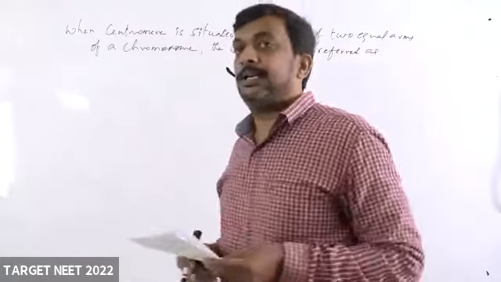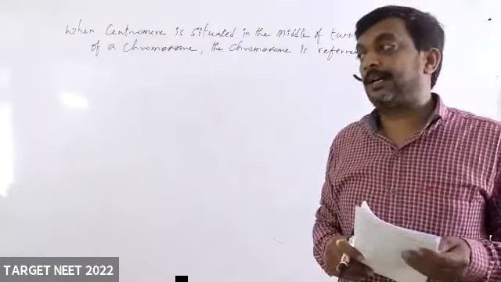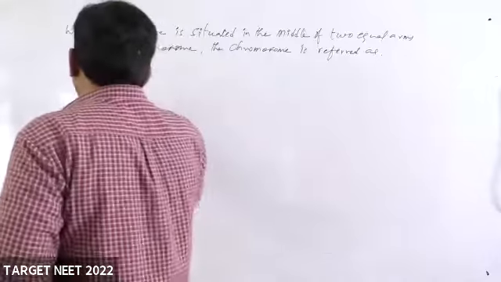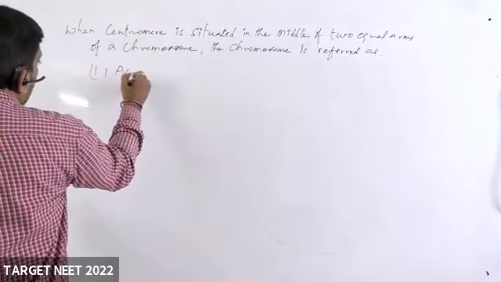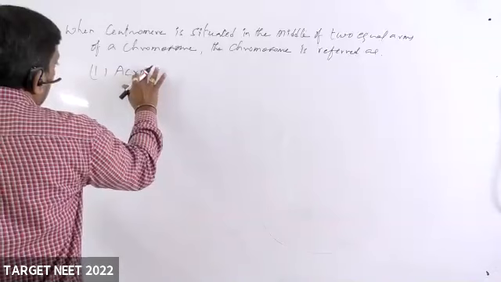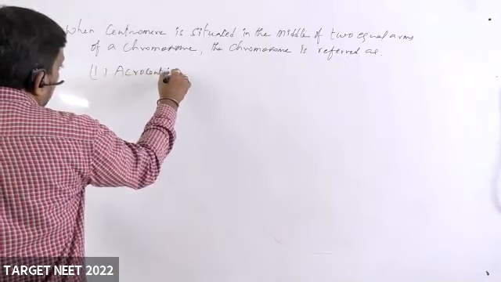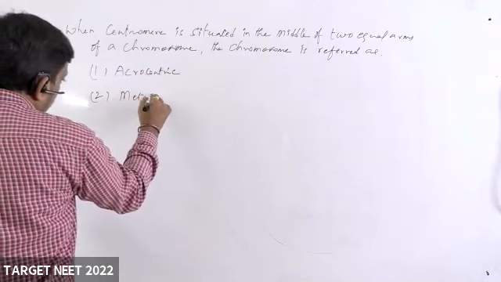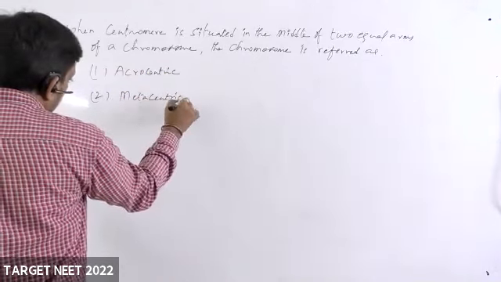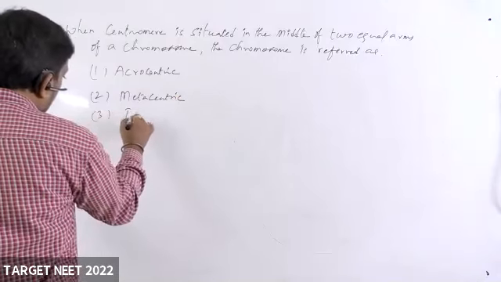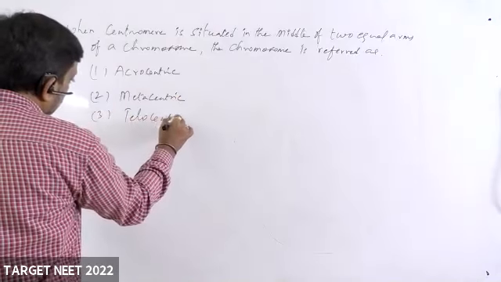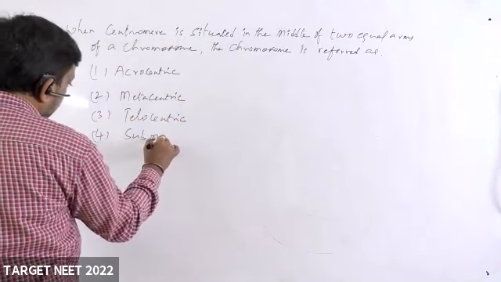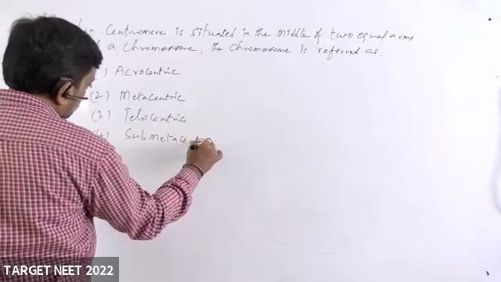Right. Now this is a very simple straight question. The options given are: the first one, acrocentric; second, metacentric; third option, telocentric; fourth option, submetacentric. Right.